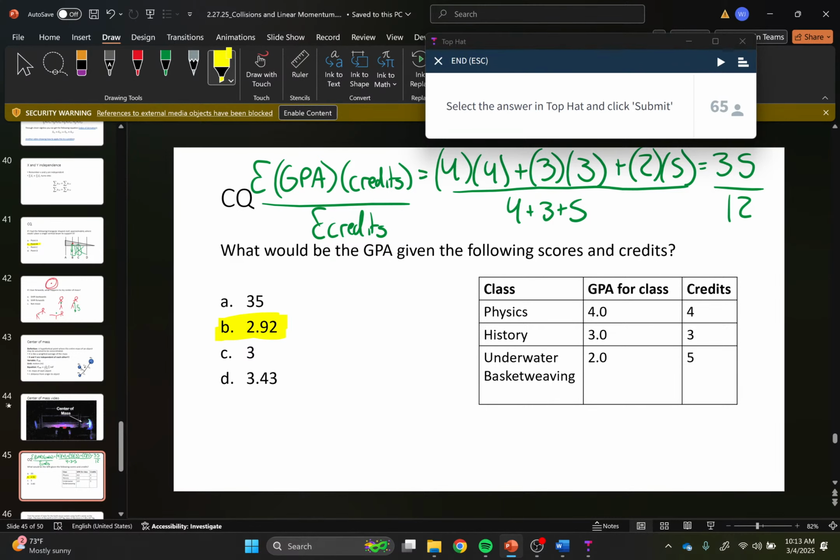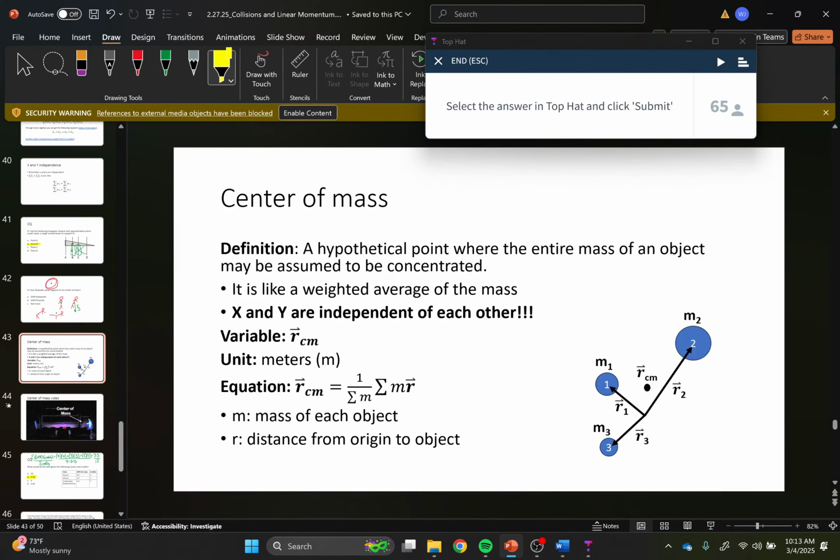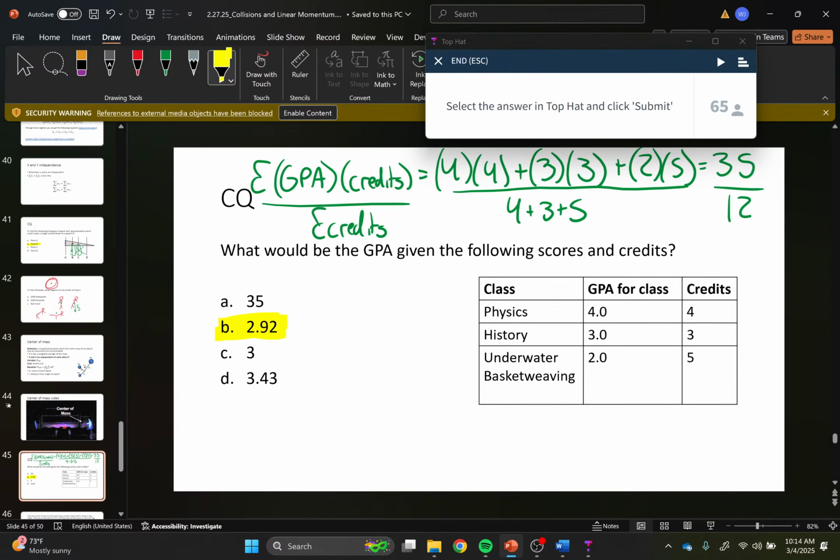Great. Okay. So this slide is going to have a lot of things. Before I even jump to this, all you all did here was sum of GPA times credits divided by credits. When I jump to the next slide, I just want you all to see this connection, and I'm going to put it here because the next slide has a lot, and it might seem overwhelming.